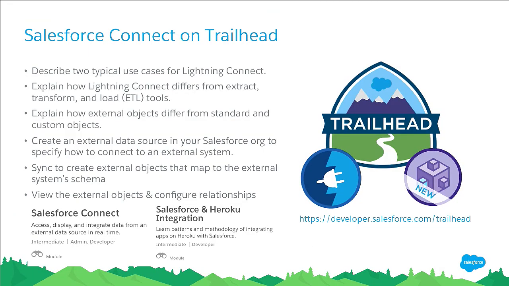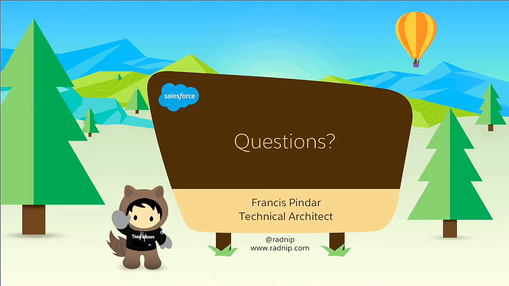Also, there's Salesforce Connect on Trailhead, which has some great modules on connecting. There's also a mini hack, if you haven't done those. Mini hack 2 is the Salesforce Connect mini hack, which again, you can do something similar to what I did earlier on. And that is about it.